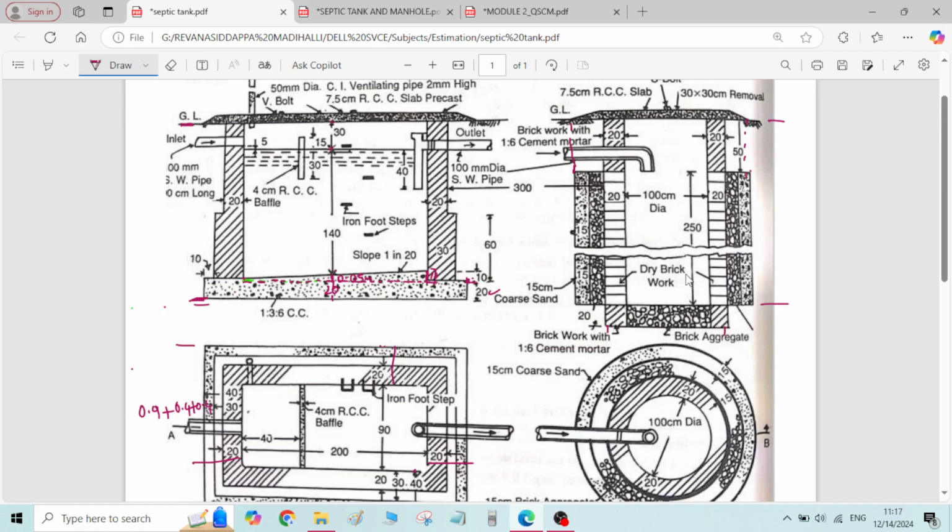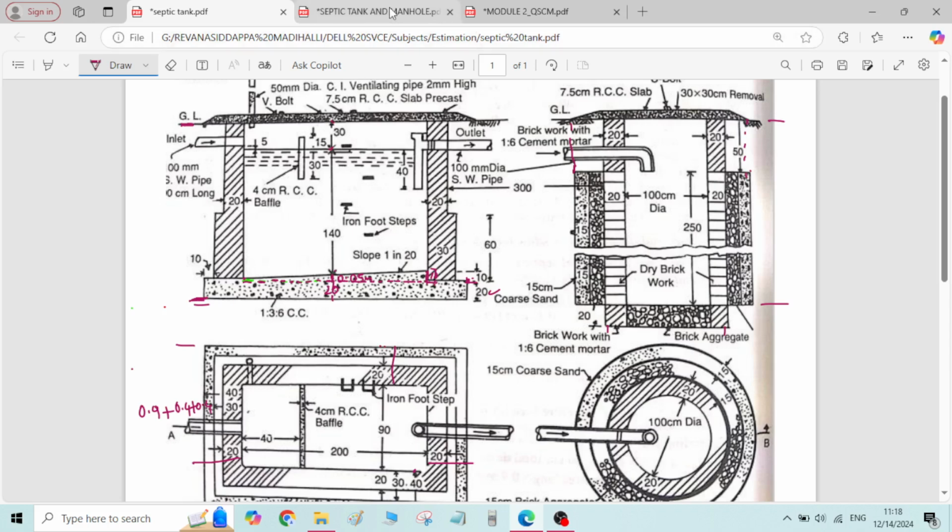We have to do the individual calculations. Therefore, initially we will calculate earthwork in excavation for soak pit up to 3 meter depth, means 50 plus 250. Then we will calculate the earthwork in excavation for the next height.